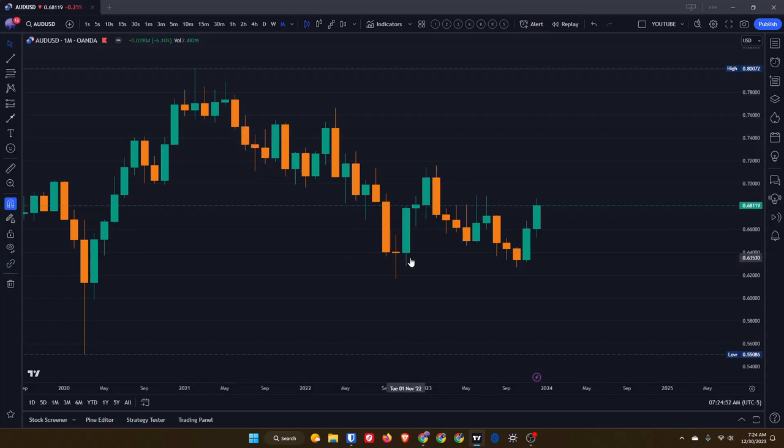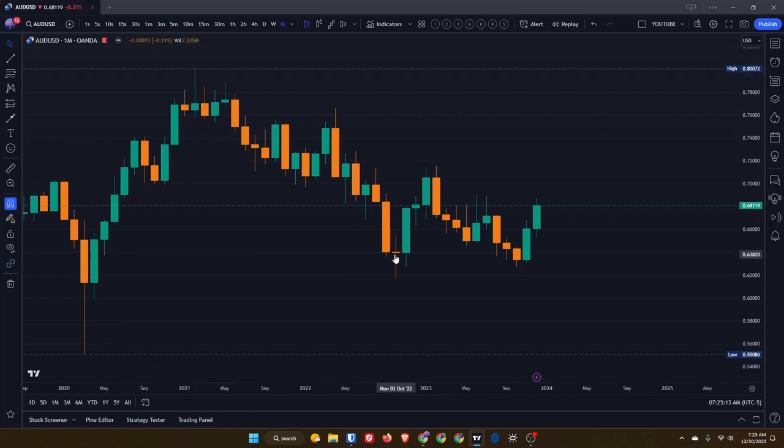All right, look over here. Look at this wick. What does this tell us? It's kind of similar to the opposite of this. Look at the wicks. Look at the size of the wicks and look at the size of the body.